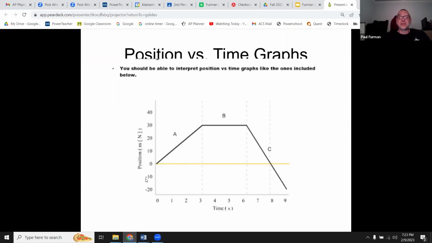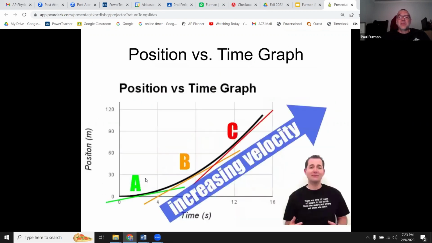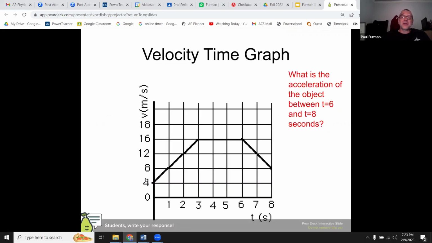It has a 0 slope, therefore it has a 0 velocity. Meanwhile, if we go down, look at this graph, from 3 to 6 seconds, it's a 0 slope, absolutely. 0 slope means 0 acceleration, but this object is moving. It's moving at 16 meters per second for that entire time. It's moving at a constant velocity.